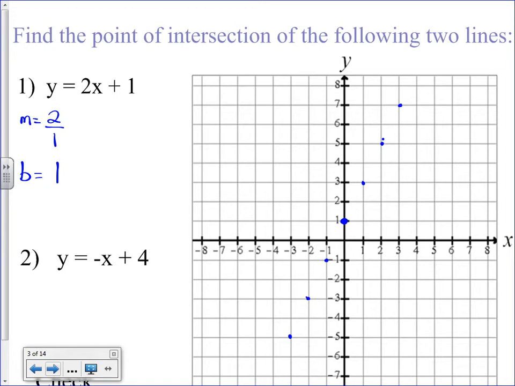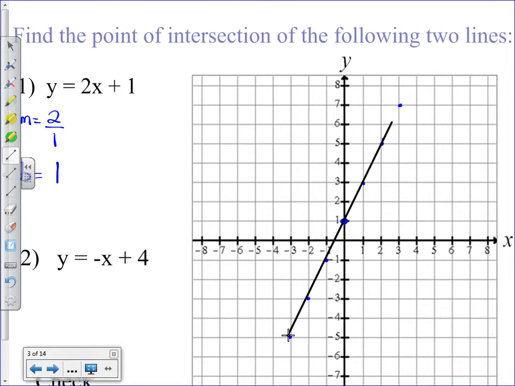So I'm plotting a couple points to make sure that my line's going to be as accurate as it possibly can be. So you're going to take your ruler. Okay, so there's my first line.